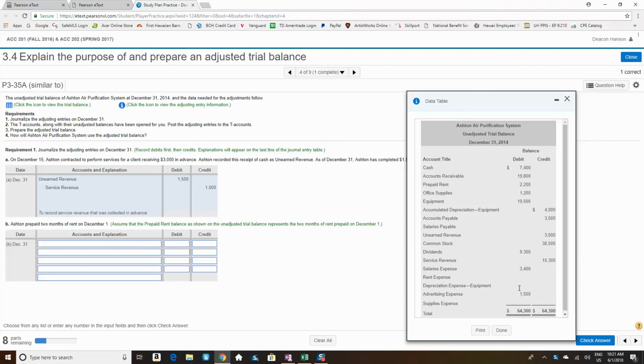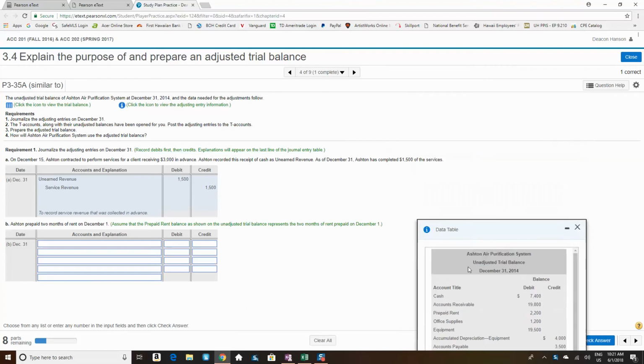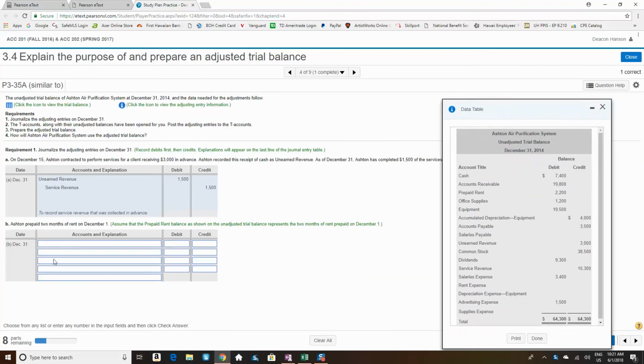Okay, now the next scenario says, Ashton prepaid 2 months of rent on December 1st. So if they prepaid 2 months of rent on December 1st, and 1 month has gone by because now we're at December 31st, the date that we need to make these financial statements, let's see.